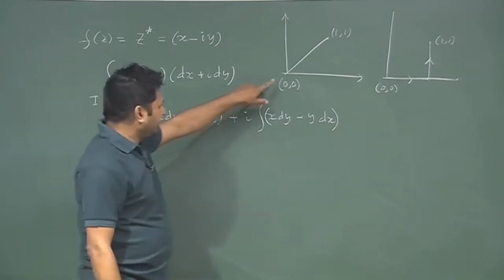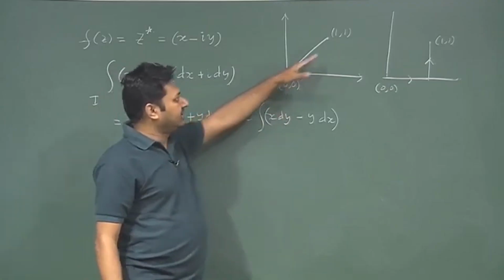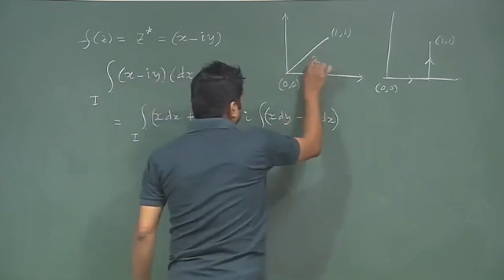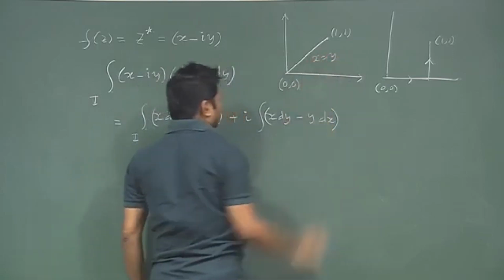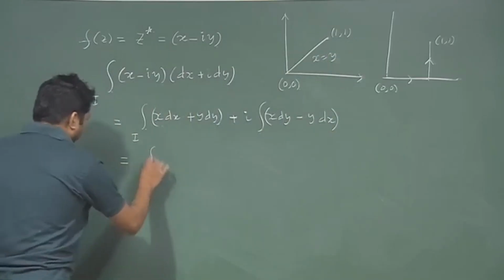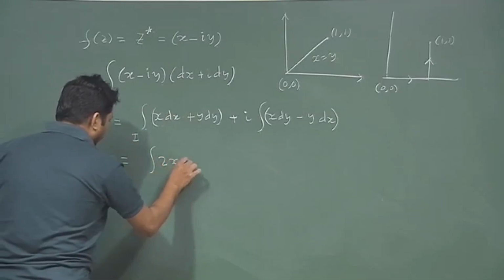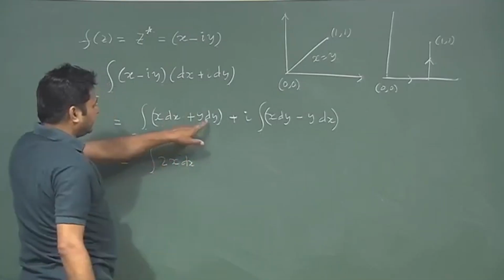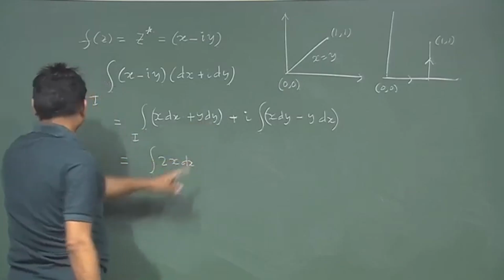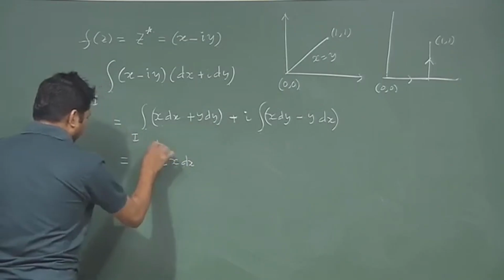I separate out the parts. The first part is like the previous problem, and the relationship between x and y is just x equal to y. When I put this relation here, I will readily find the integration. If I put x equal to y, it is 2 x dx, because y will be x and dy will be dx, and my limit is 0 to 1.